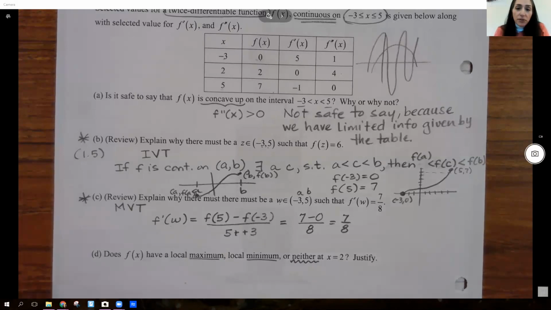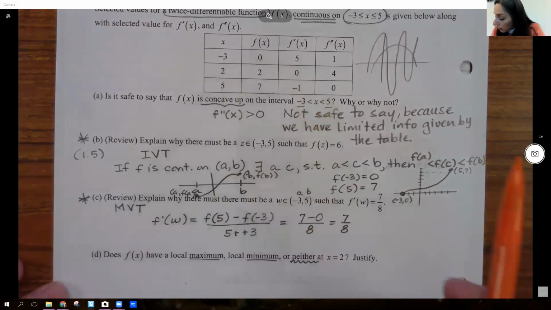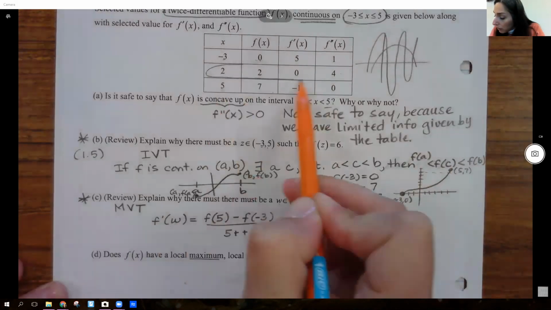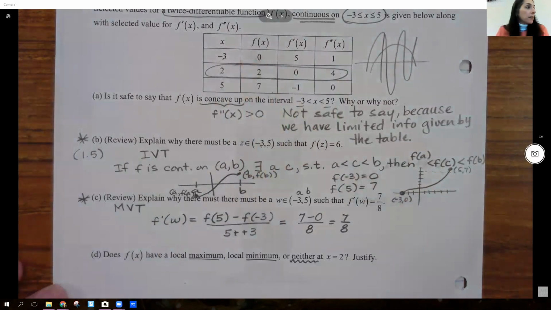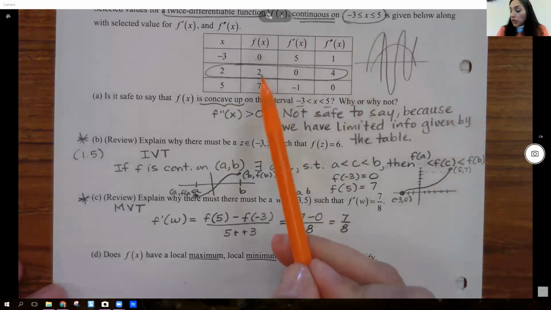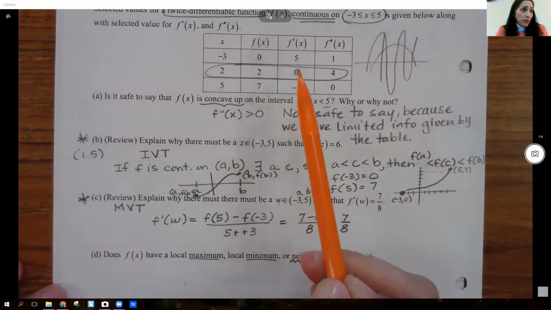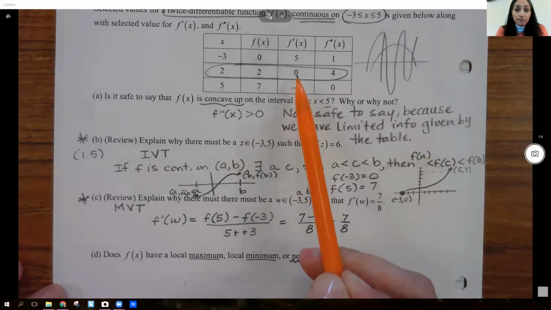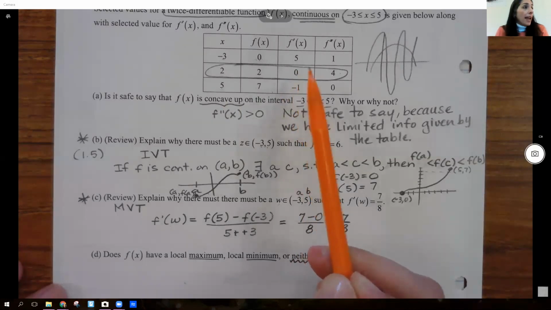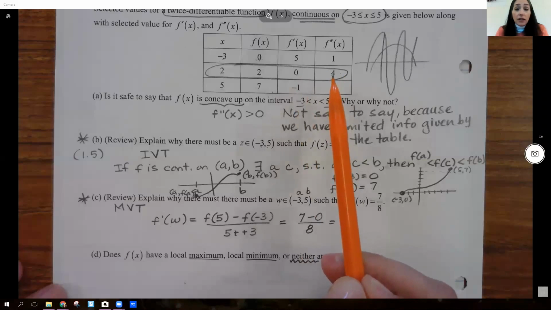Of course, whatever you're gonna say, you gotta back it up with a reason. So at 2, here we are. The function value at 2 is 2. The first derivative at 2 is 0. And the second derivative at 2 is 4.